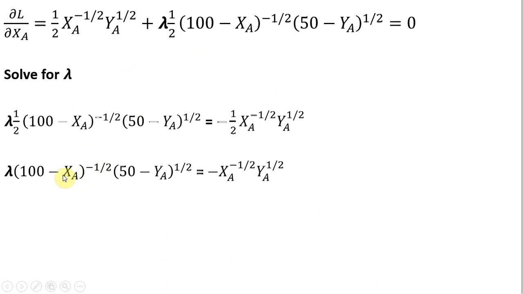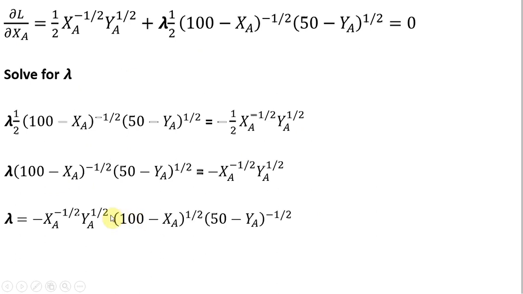The next step here is to realize we got a 1/2 and 1/2 over here, so they cancel. And then on the left-hand side, I'm just going to divide through by this term, and that will leave us the following on the right-hand side.